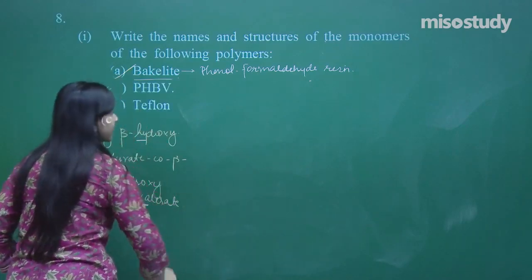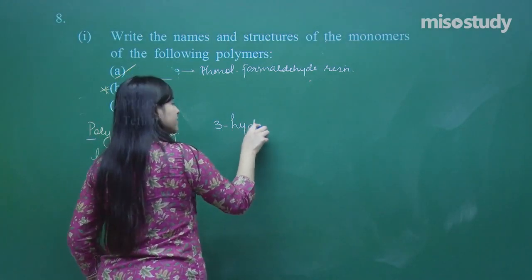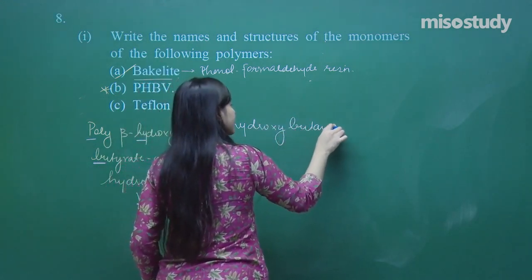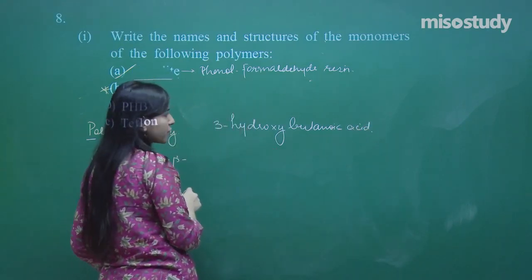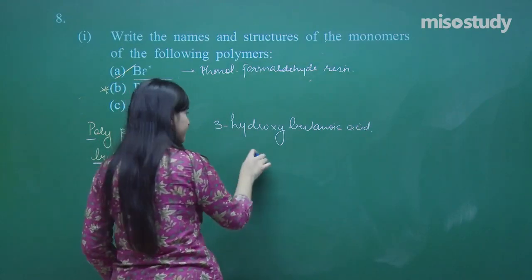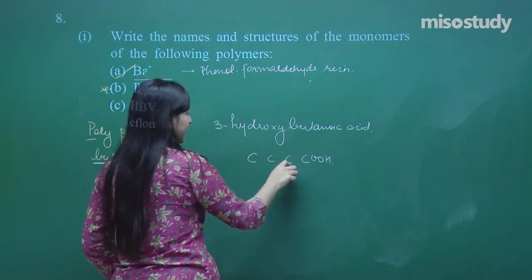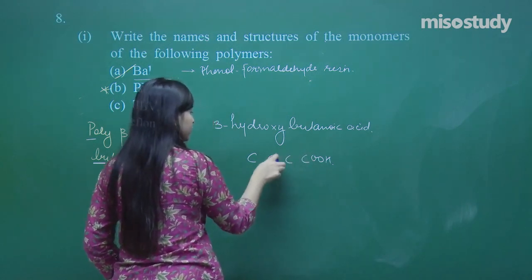The monomers are very typical here. It is 3-hydroxy butanoic acid. Can you draw that? How does 3-hydroxy butanoic acid look like? Starting from here, 1, 2, 3.